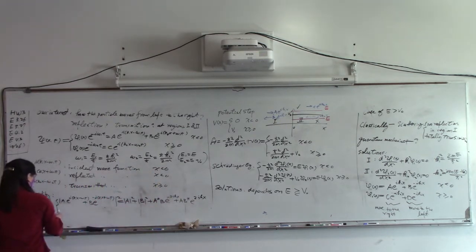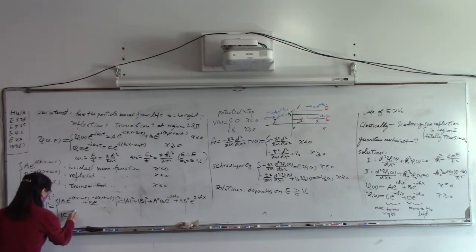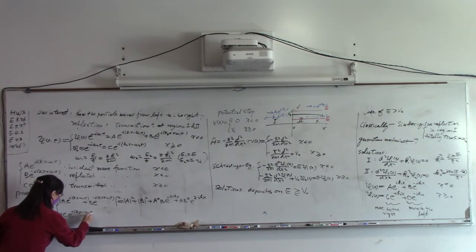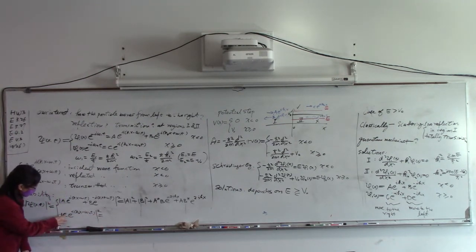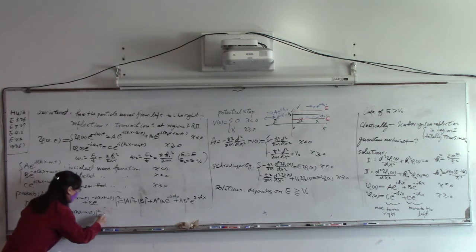Then region 2 is C exponential i k2 x minus omega 2 t, squared. This is the phase factor, so its magnitude is 1, and that is nothing but C squared.